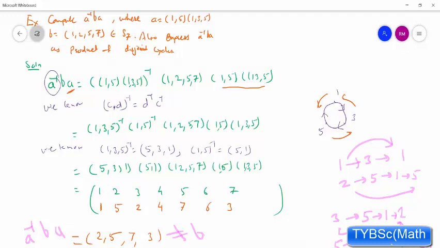It is not necessary that we always get A inverse B A equal to B. Sometimes in an exam a question may be asked to give an example such that A inverse B A is not equal to B. At that time we have to give such an example.